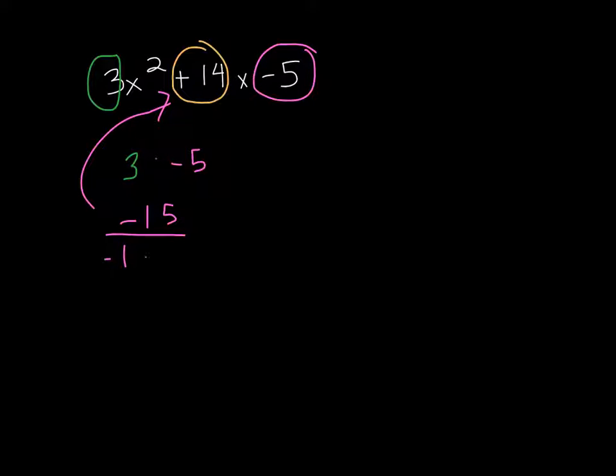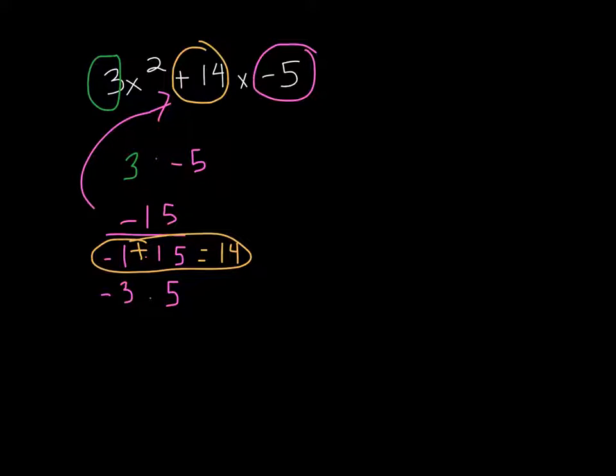So negative 1 times 15, negative 3 times 5. And now let's add them together to see which one equals 14. Now when we go to add, signs are different, so we actually subtract. Negative 1 plus 15 is 14. We found the pair we need.